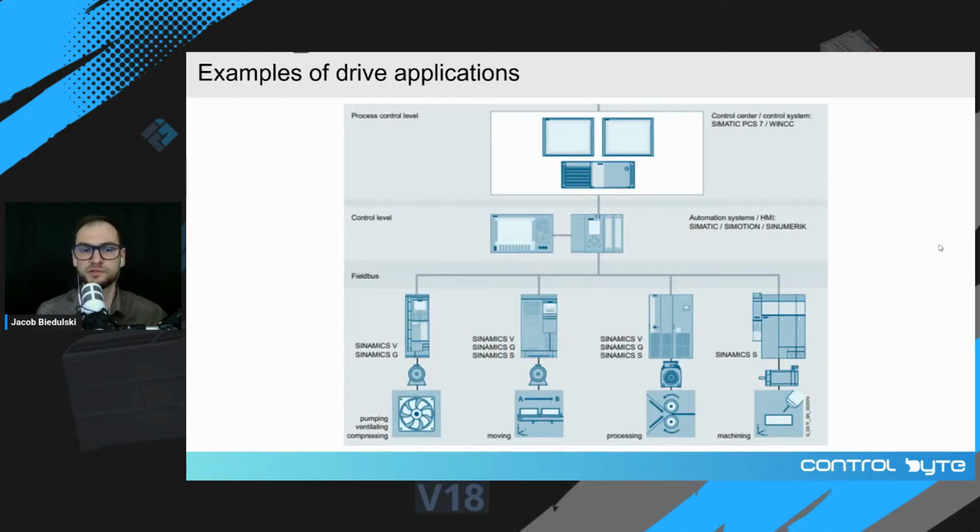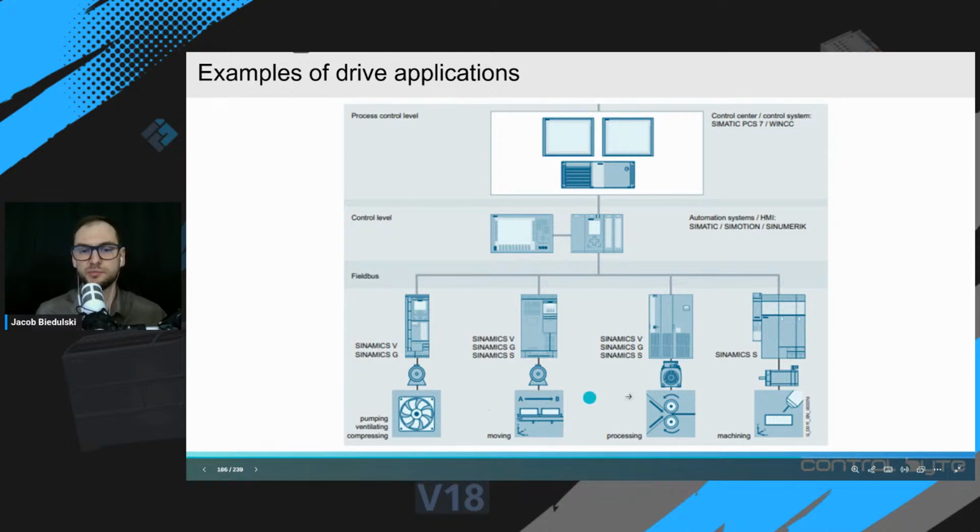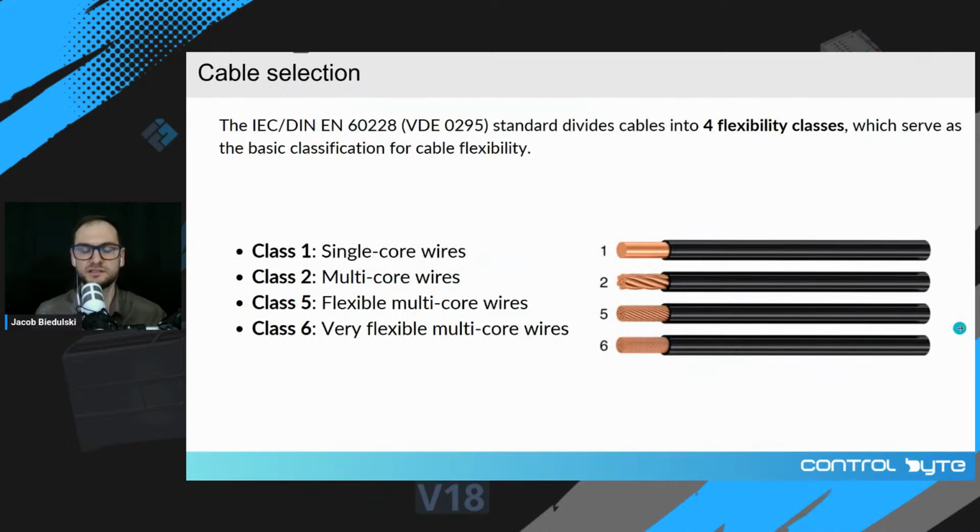In our course, we'll also make an introduction into drive applications. You will learn how to select different types of drives, VFDs, for different applications like pumping, moving, processing, and machining. This is an example of wires that we'll use in the project of different classes.